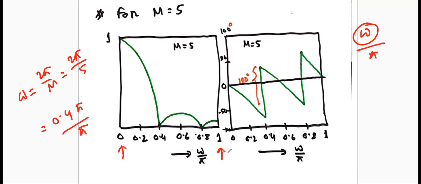In many literature, we are using this kind of notion, the scale 0 to 1. Don't be confused with that. This 1 means pi in the omega scale, and divided by pi it gives the value of 1. So 0.4 pi actually means 0.4 here, because we are dividing the whole scale with respect to pi.